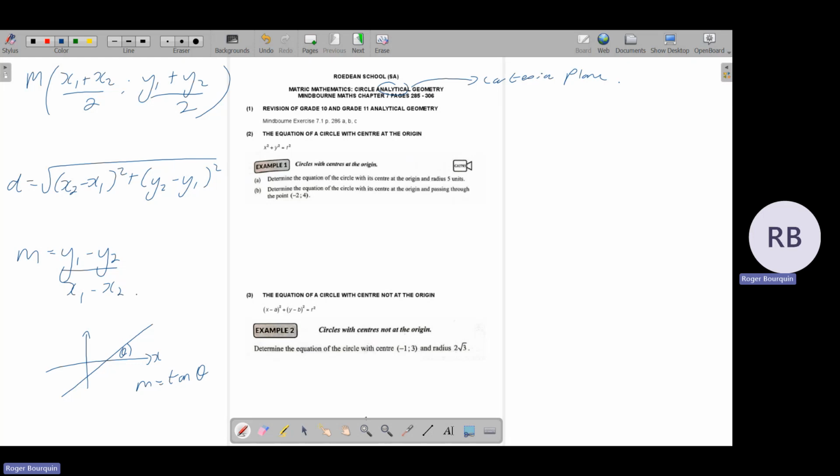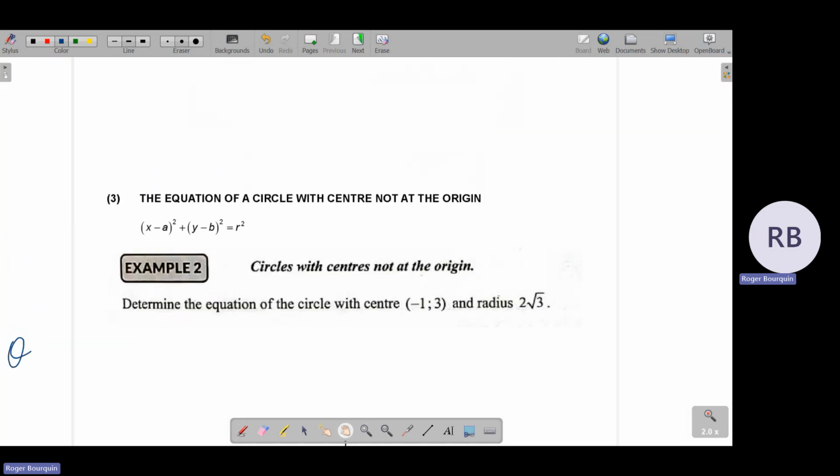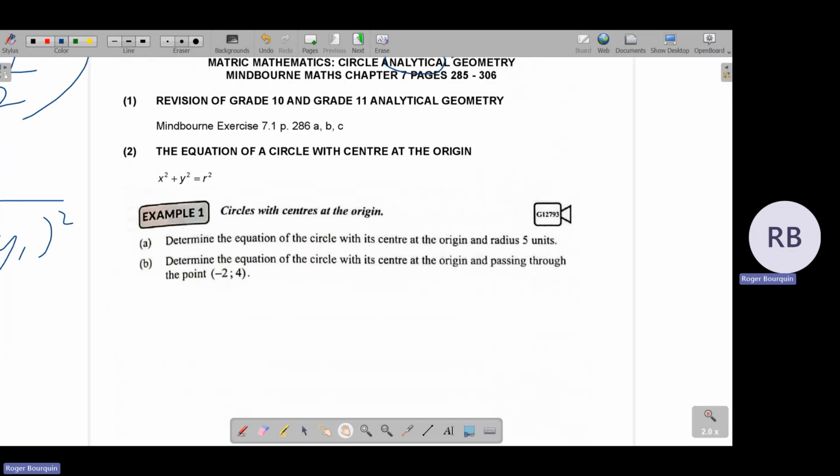Okay. So now we're looking at circles on the Cartesian plane. You don't have to write this down if you don't want to, but the formula for the circle on a Cartesian plane, guys, too many conversations, is, if the center is at the origin, x squared plus y squared is equal to r squared.